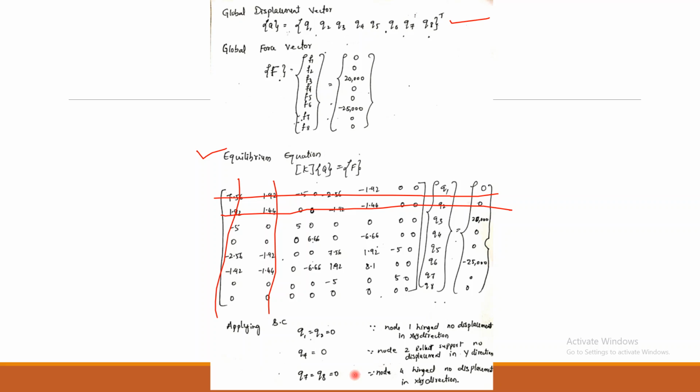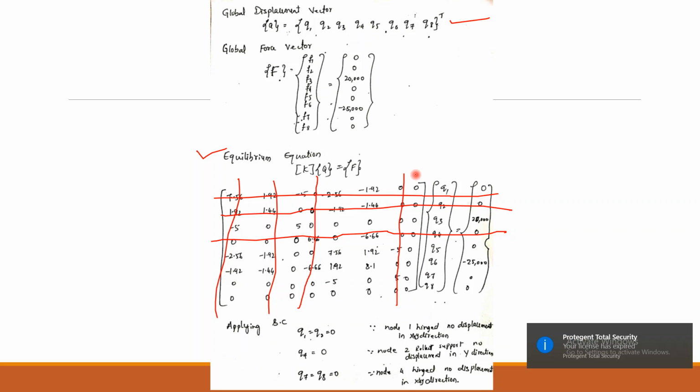After that, Q4 you have to eliminate, the fourth row and fourth column. Later on Q7 and Q8.